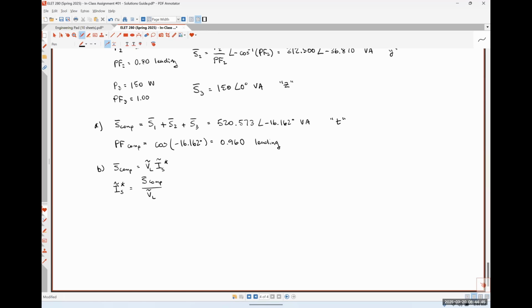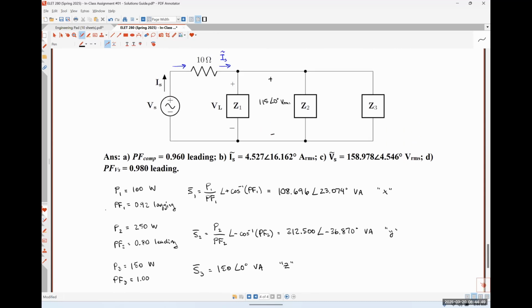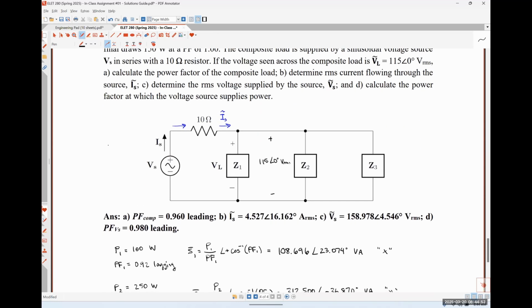Yes. How do you get VL out to the VS? Good question. First, we don't know what VS is. That's actually part C that we're going to do next. So we only know the complex power that is absorbed by those three loads there. And we know that VL is the voltage drop across those three loads because they're all connected in parallel. So that's the only voltage we have, and that's the only complex power we know.